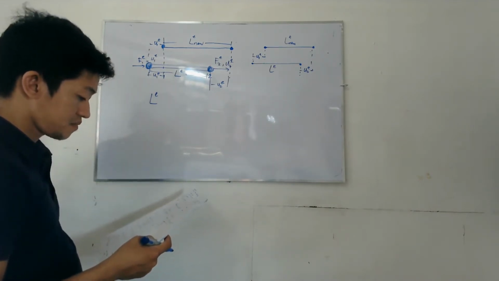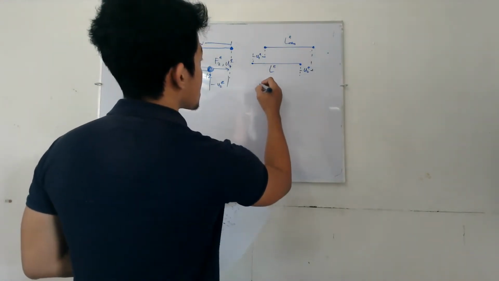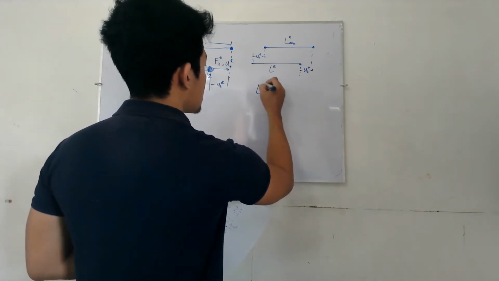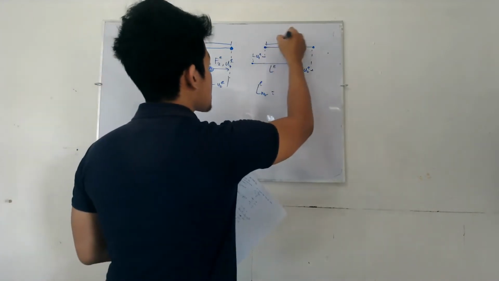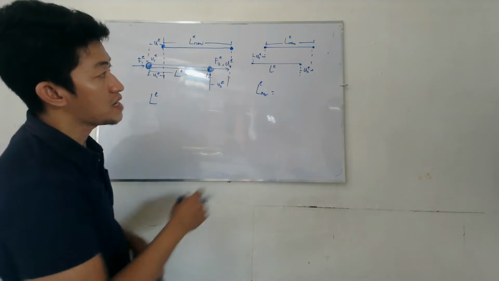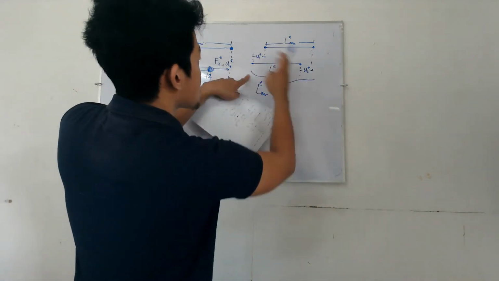Therefore, L new. The value of L new comes from this length minus U1E.